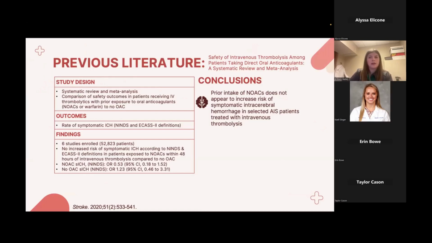Those outcomes compared patients taking NOACs to those taking either warfarin or no anticoagulant. The primary outcome was the rate of symptomatic intracranial hemorrhage by both the NINDS and the ECASS-2 definitions, depending on that original literature source. Ultimately, the results of this preliminary meta-analysis showed that NOAC exposure prior to thrombolytic administration was not associated with a significant risk of symptomatic intracranial hemorrhage.